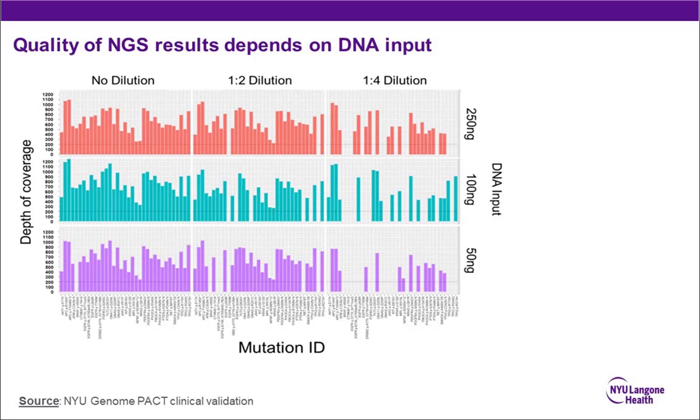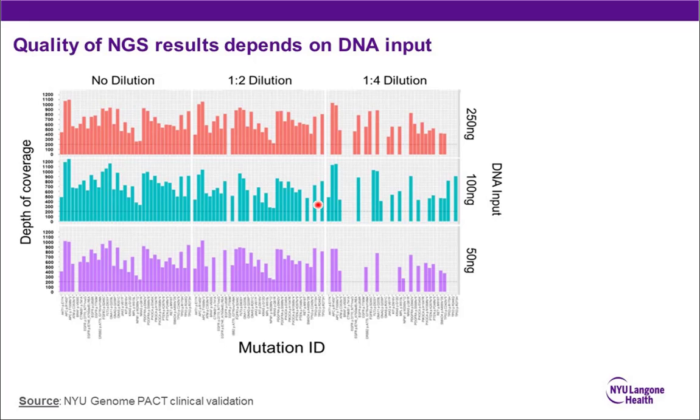This has an effect not only on the variant allele frequency that you're calling, but also on the coverage, which is again highlighted here: with no dilution, a smaller DNA input has a relatively small impact. Here you see one of the known mutations dropping out, but the more you dilute the sample, the more dropout you're going to have in your coverage of mutations that you're interested in. And this has been shown by many studies.